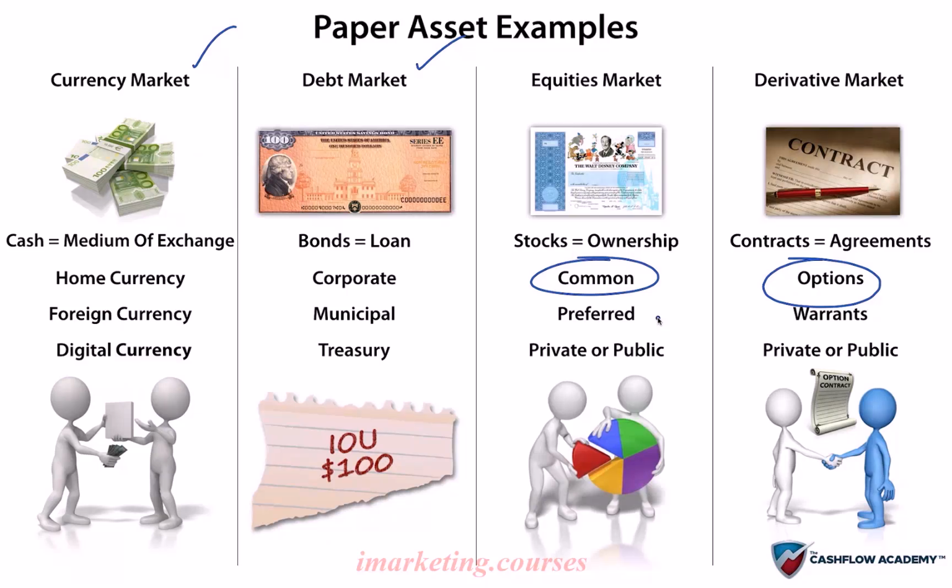Now, that's not to say you couldn't start a business and you couldn't invest in real estate or even gold. And there are even paper assets that are not on this. I guess you could say that insurance is a sort of derivative, but I'd give insurance its own category. So there's all kinds of different things. But in here, we're going to begin with long positions on common stocks and options.